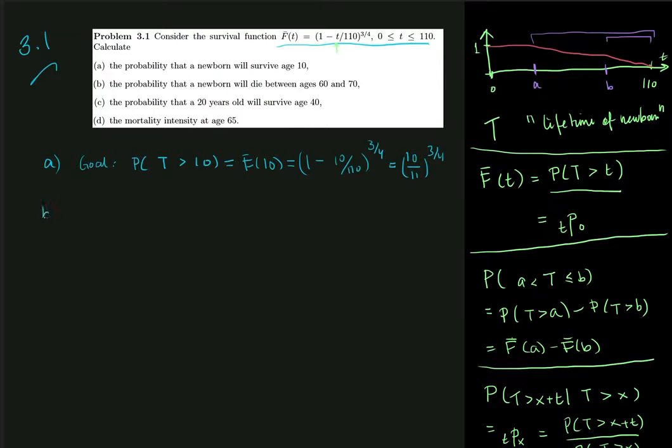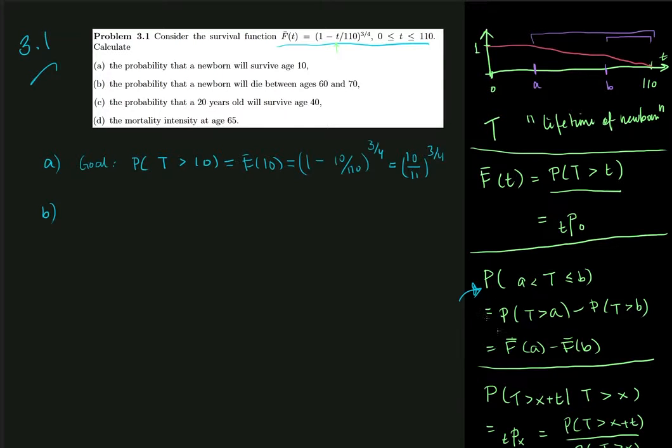Okay, so B. In B, we want to find the probability that a newborn dies between ages 60 and 70. And as we mentioned in the first video, that is the same as wanting to find the probability that the lifetime of the newborn is somewhere between 60 and 70.